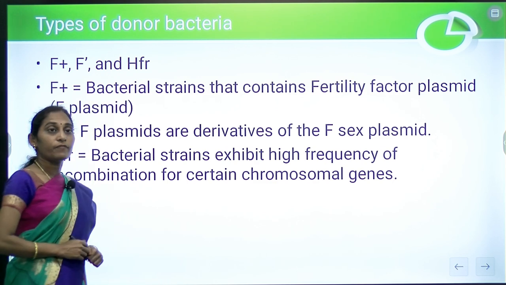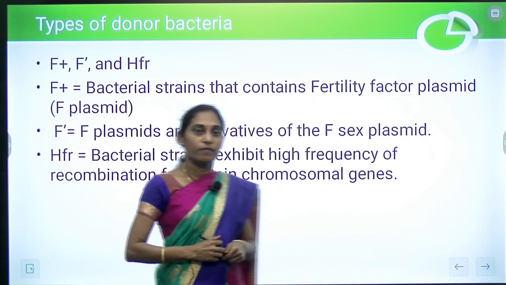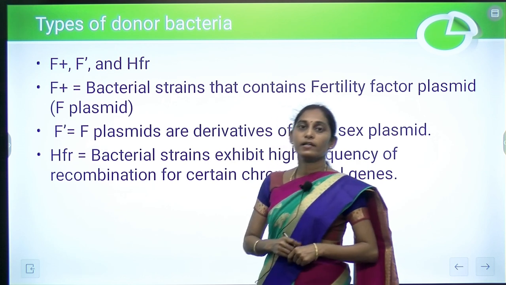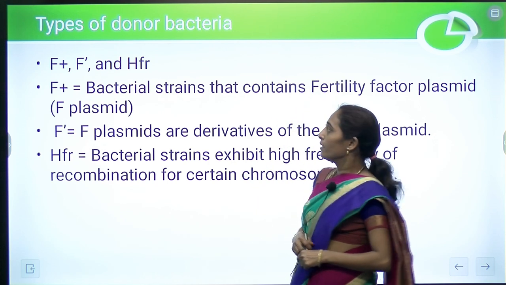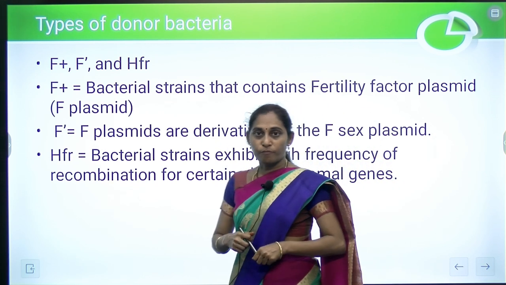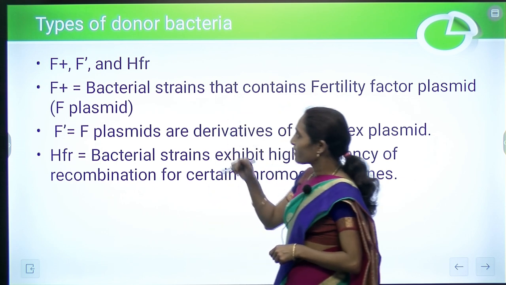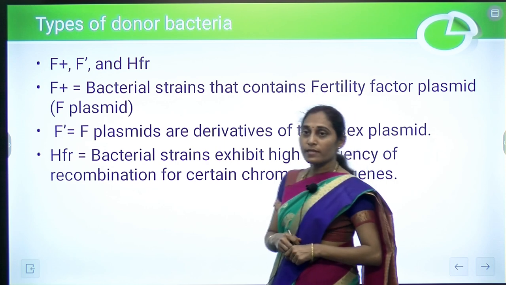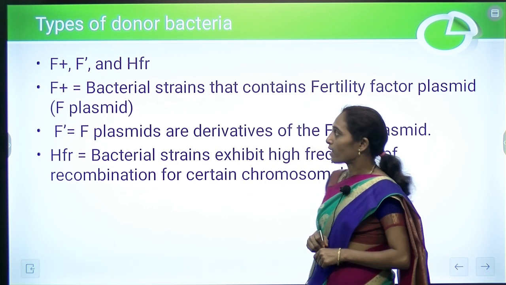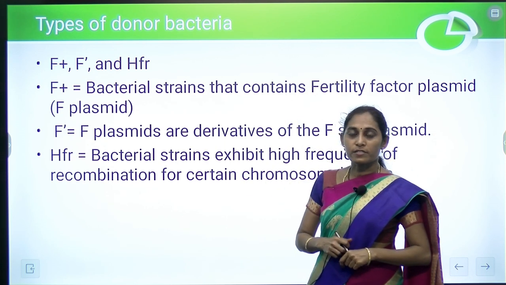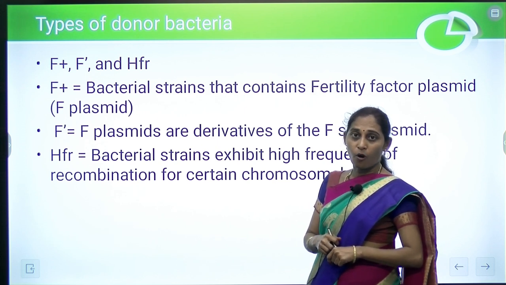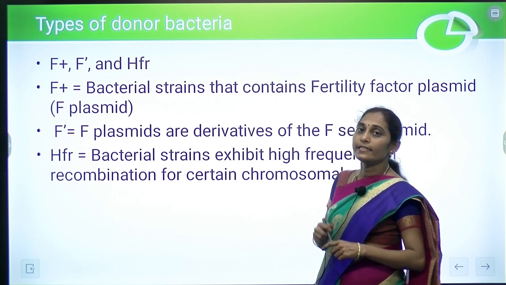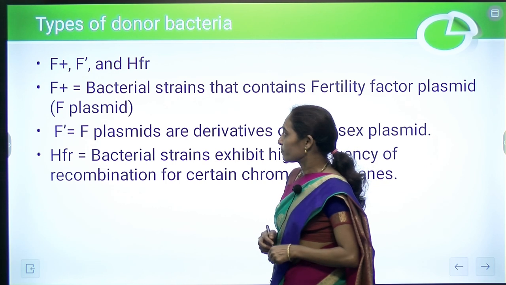There are three different types of donor bacterial cells: F plus, F prime or F dash, and HFR bacterial donors. F plus bacterial donors are strains that have the F factor or fertility factor in their cytoplasm.